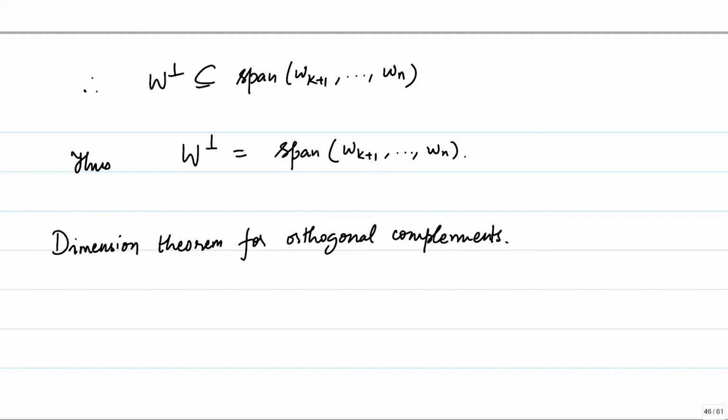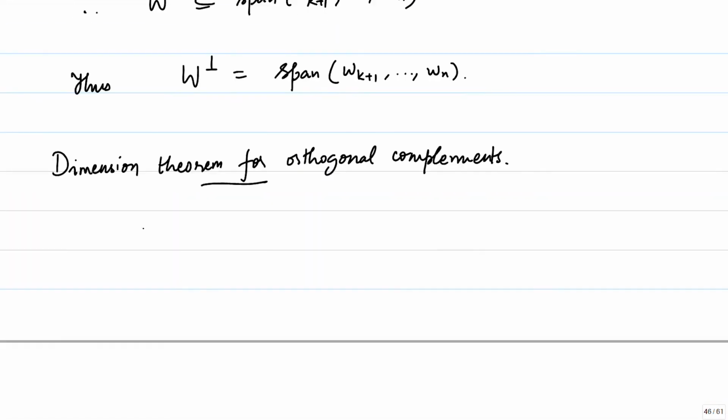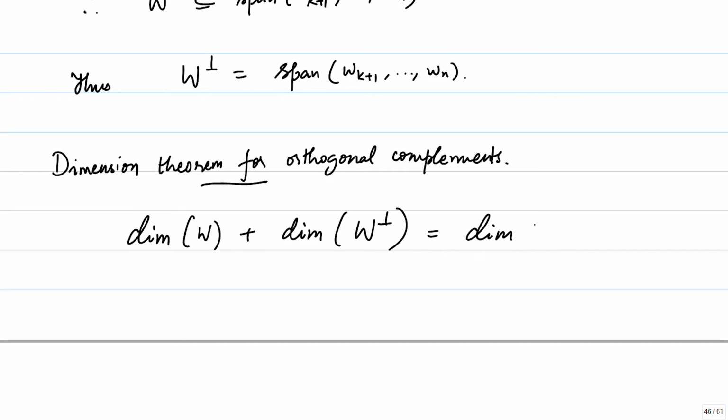So, in other words, the dimension of w plus the dimension of the orthogonal complement of w is equal to the dimension of v. This we obtain as a corollary.